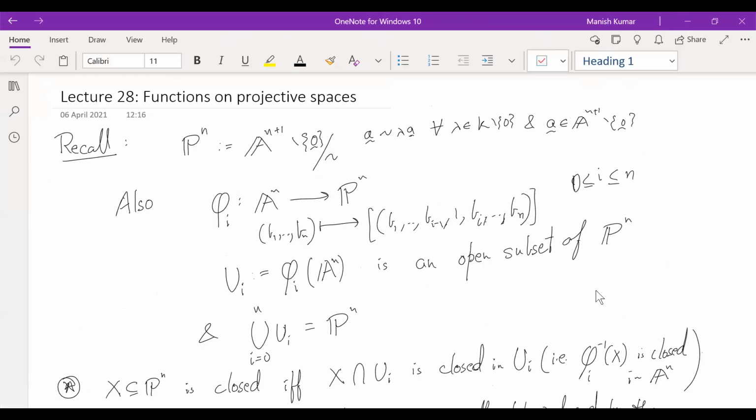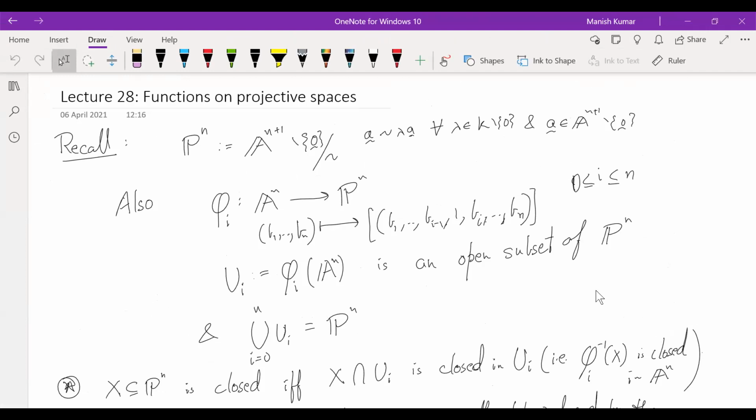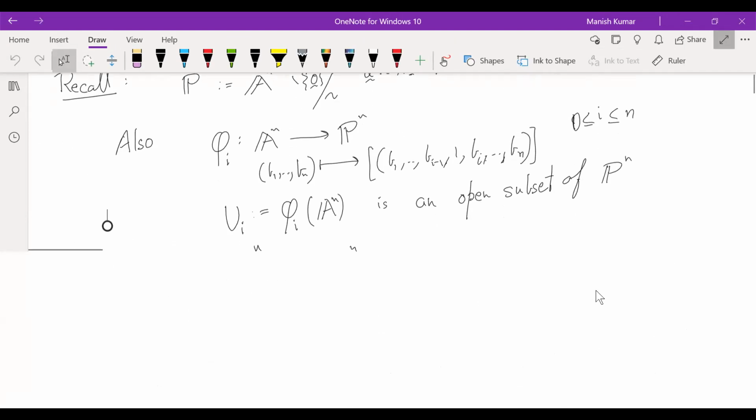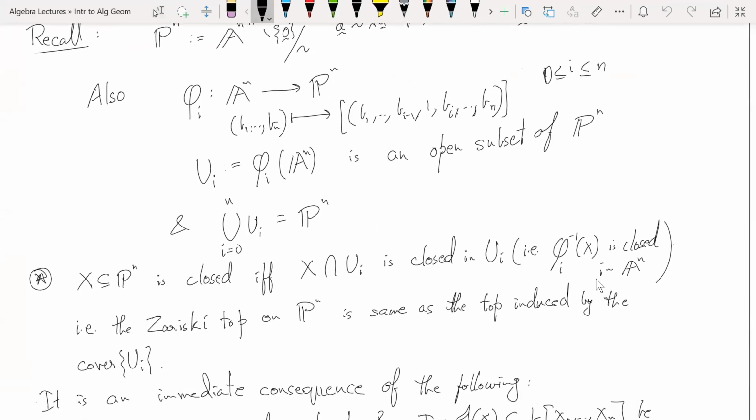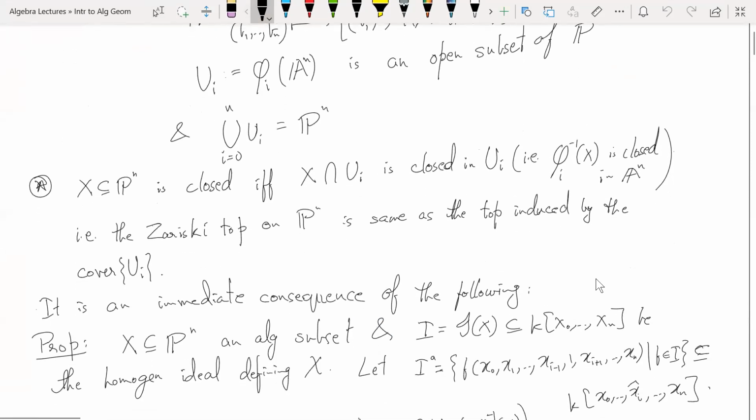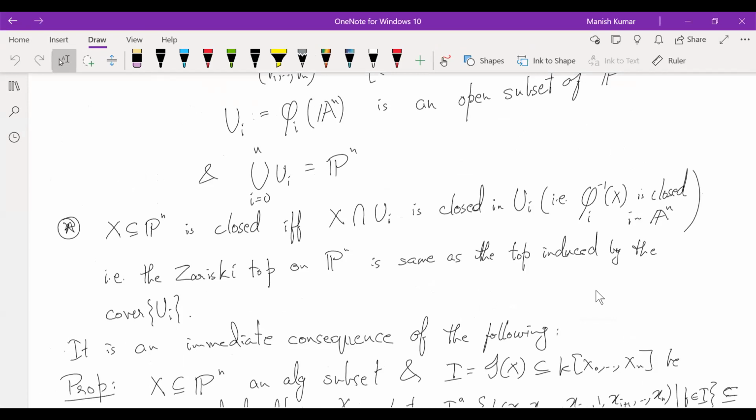You know what might be the problem? I'm not able to write on this OneNote. Okay, let me try to restart this and see if this works.